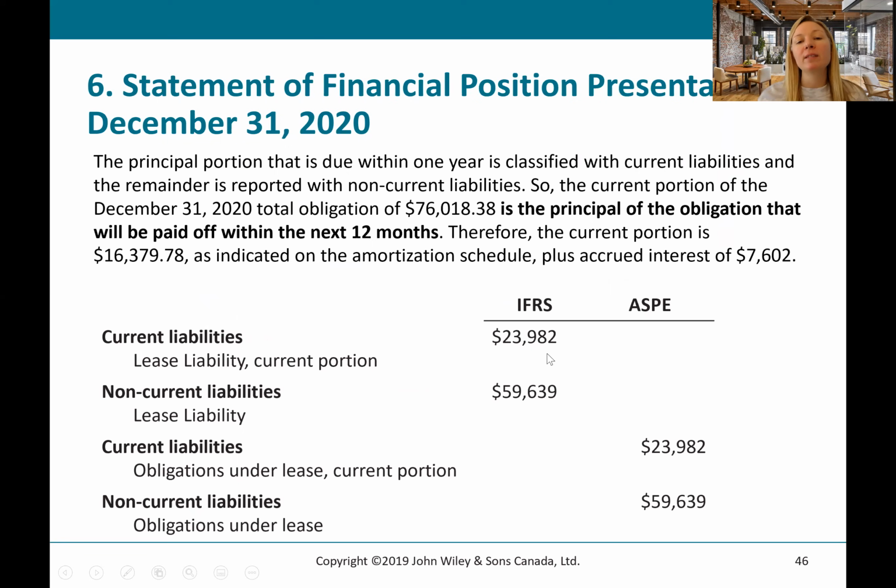So we know that this is going to be our current portion of our lease liability, and then our non-current is the difference. And it's the same under ASPE. You can see that the accounts are just different. So we've got lease liability and obligations under capital lease.